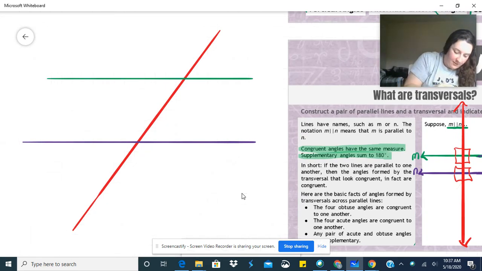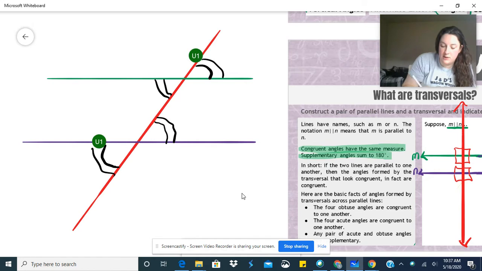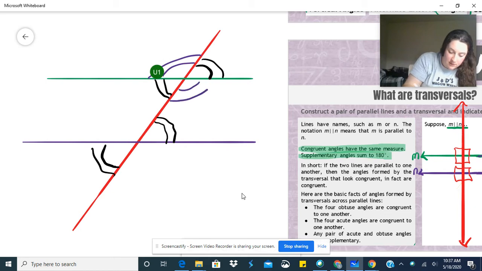Again, you would have this angle and this angle are congruent. Okay. We know that these two are going to be the same as well. We learned that last week, right? So these two will be the same. So all four of those angles are the same. But then you also know that all four of these angles are the same as well.